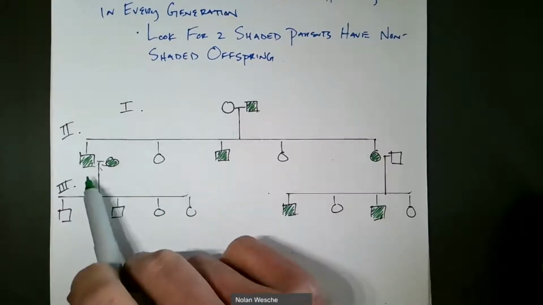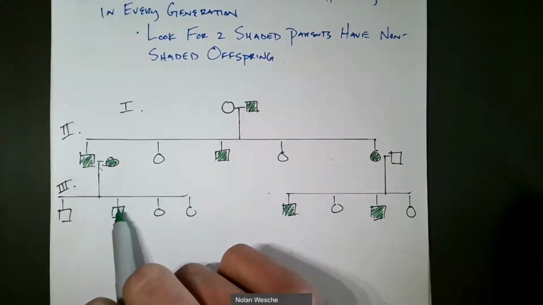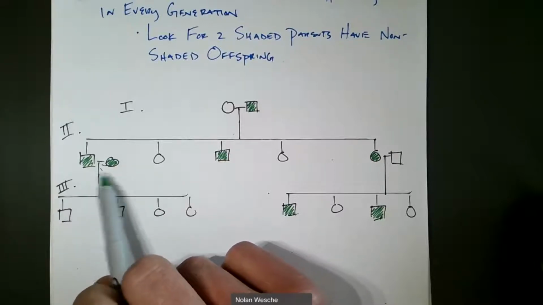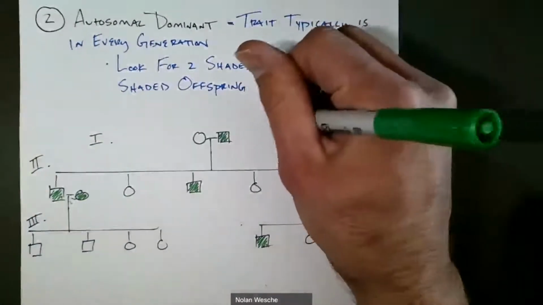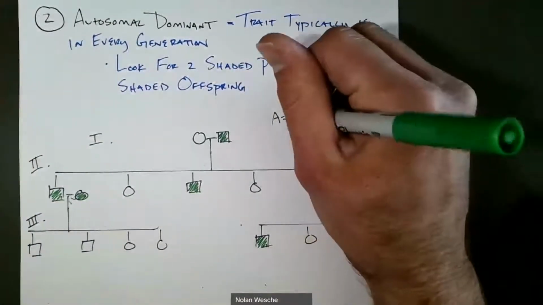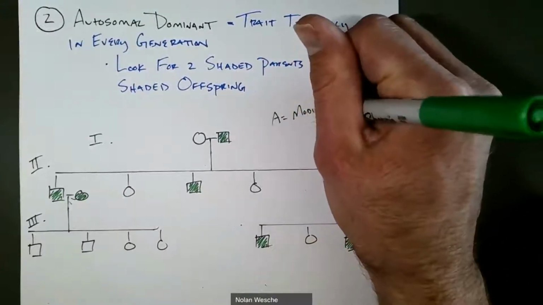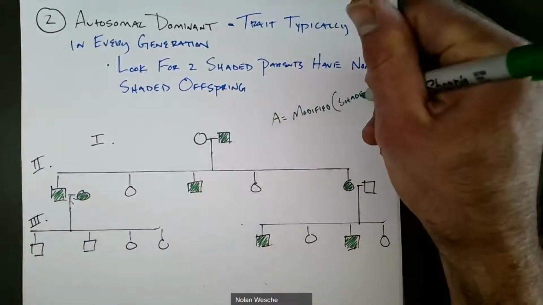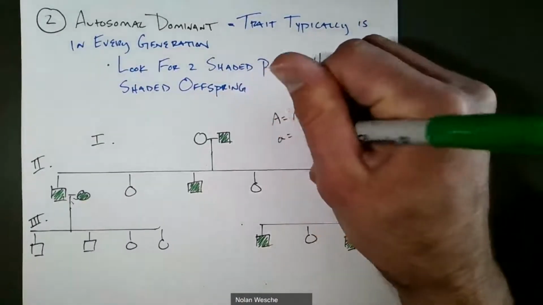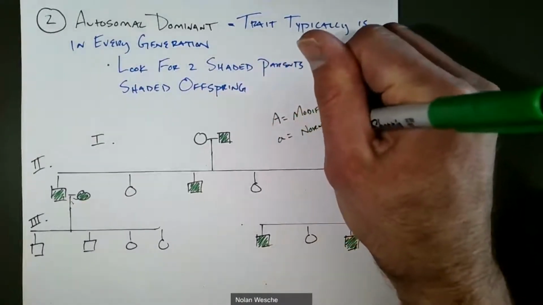But what we would then see is 2 shaded parents have non-shaded offspring. So the trait, again, is being masked by a dominant allele, in which case we would say that the big A is the modified version, which is producing the shaded phenotype in this case, and the little a is the more normal version, what we're not considering the trait.